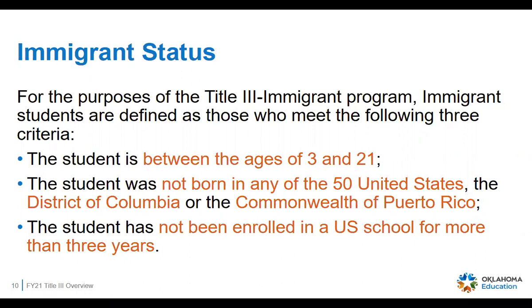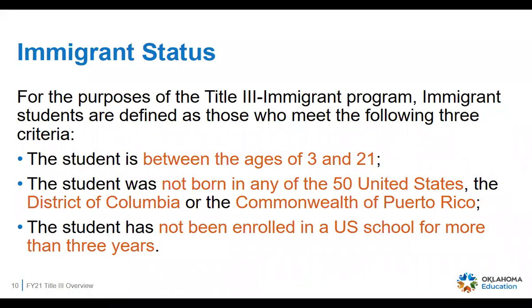And this can lead to some unlikely immigrants. For example, there are a number of children who are born to servicemen who are born overseas and come back and enroll in a US school for the first time. Okay, for the purposes of immigrant status, those kids are considered immigrants.